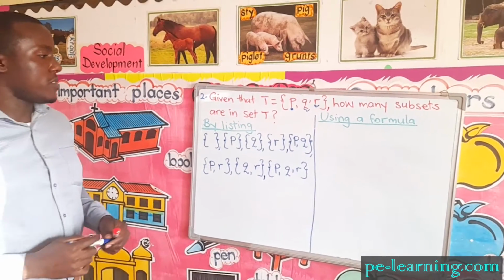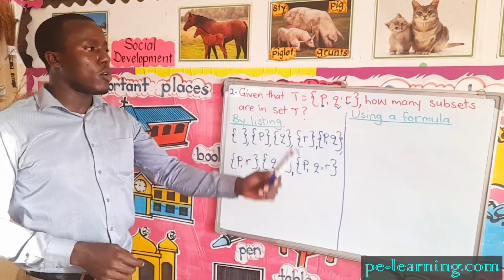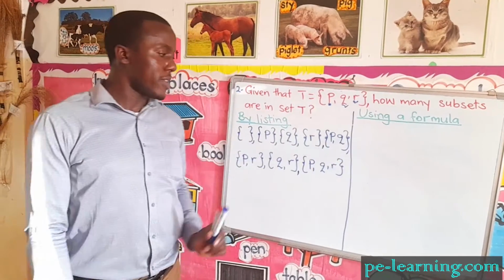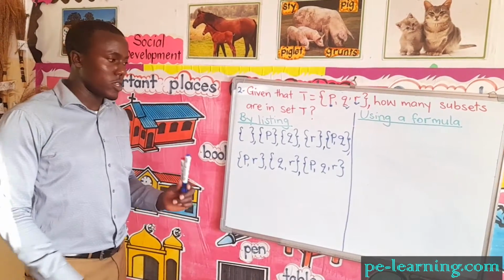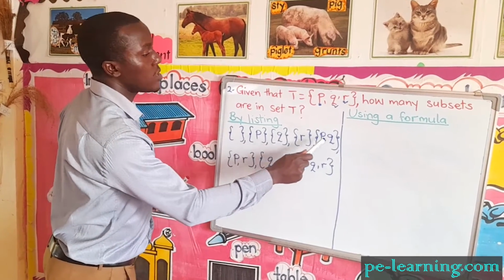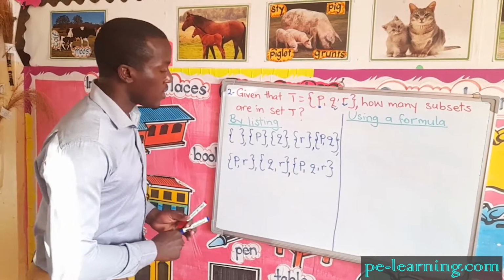Our subtopic says finding the number of subsets, and even the question is clear: how many subsets? Therefore, count: 1, 2, 3, 4, 5, 6, 7, 8. Conclude.